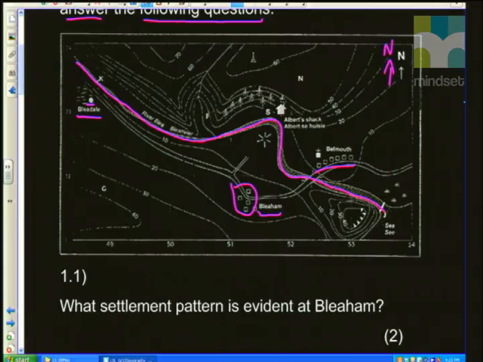They tell us that north is there, and that's always important because they like to incorporate things like aspects into these questions. And pay very careful attention to which hemisphere your diagram is situated in. Because remember, we need to know where a north-facing slope is, where a south-facing slope is, because that influences very heavily where a settlement will choose as its site.